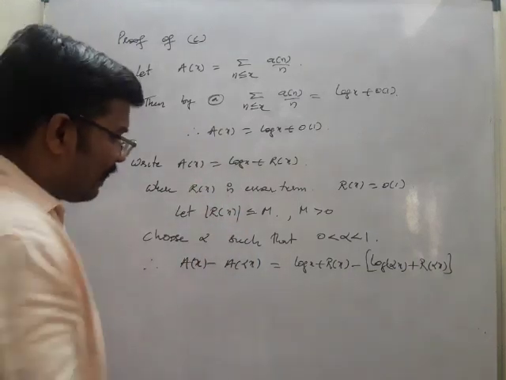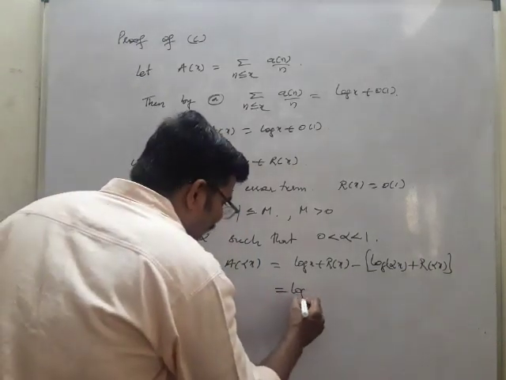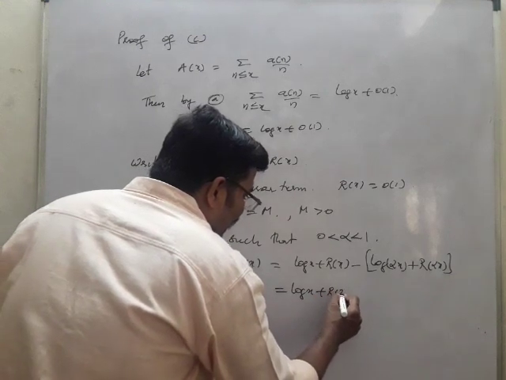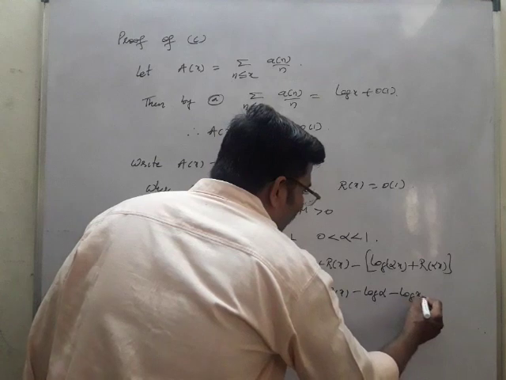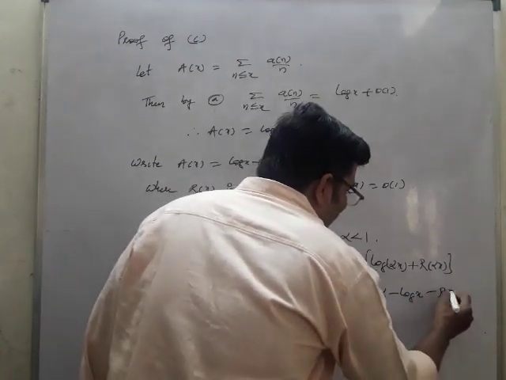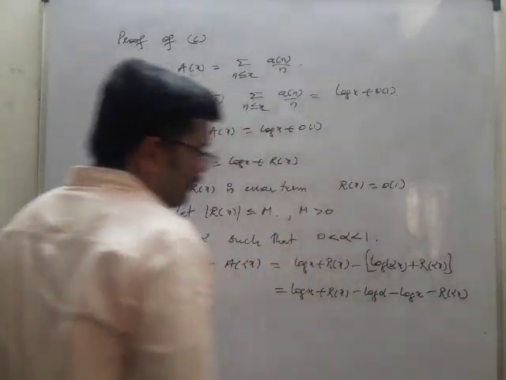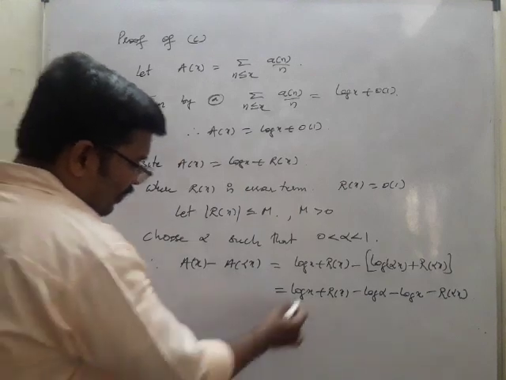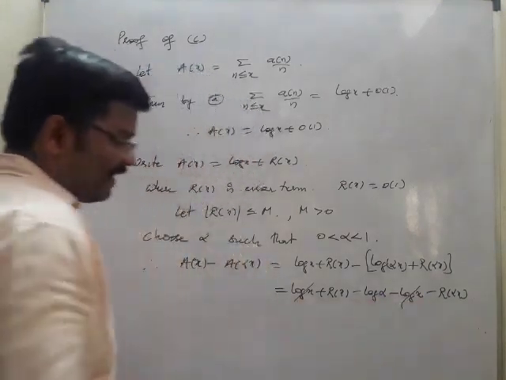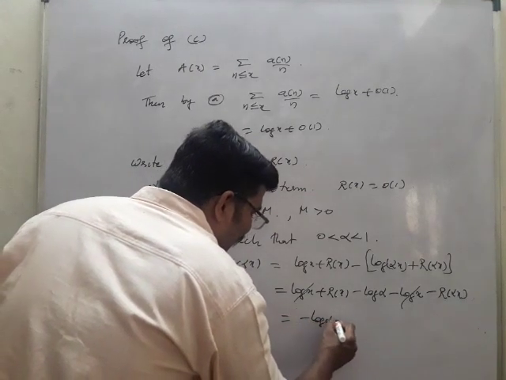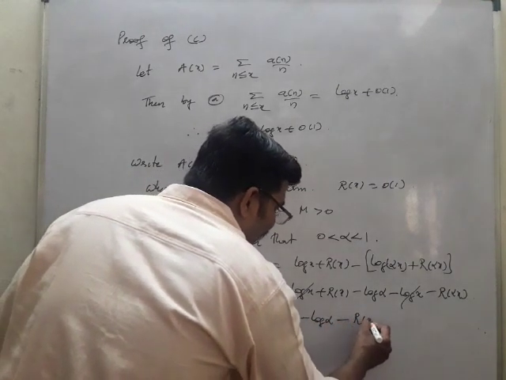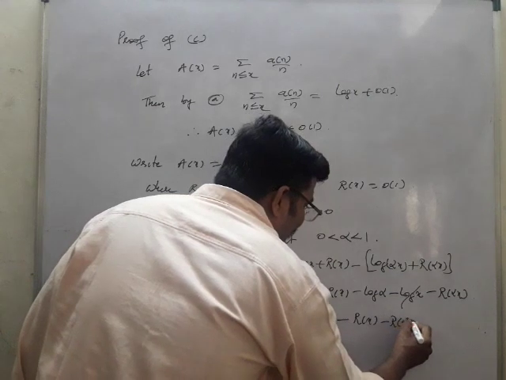So we get log x plus r of x minus log alpha x minus r of alpha x, multiplying minus inside. Log x and log x will get cancelled, so you will be getting minus log alpha plus r of x minus r of alpha x.